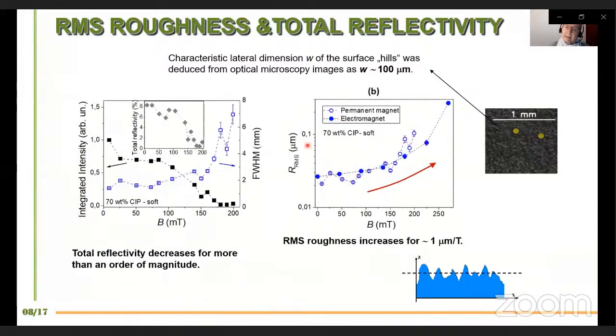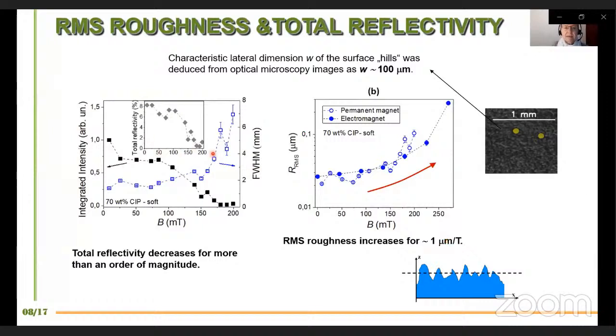We made the analysis for different samples, and here we see, for instance, for the 78% sample, a modification of surface roughness from about 20 nanometers at very low magnetic field to about 300 nanometers when the magnetic field is a quarter of a Tesla. If one would extrapolate this analysis, we would expect an RMS roughness of about 1 micrometer in a field of 1 Tesla.